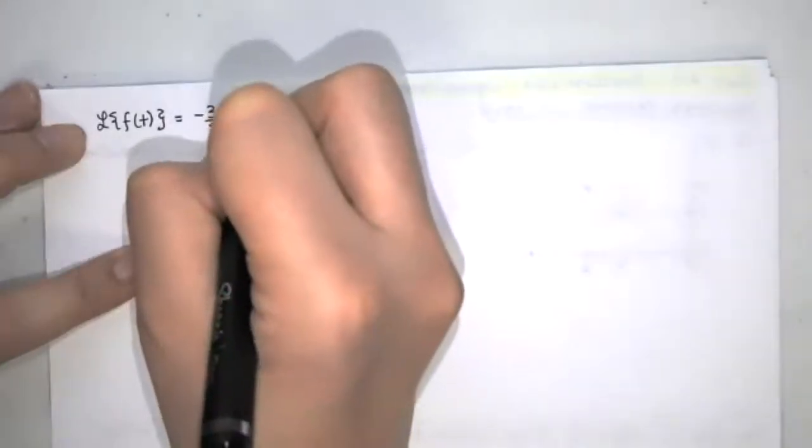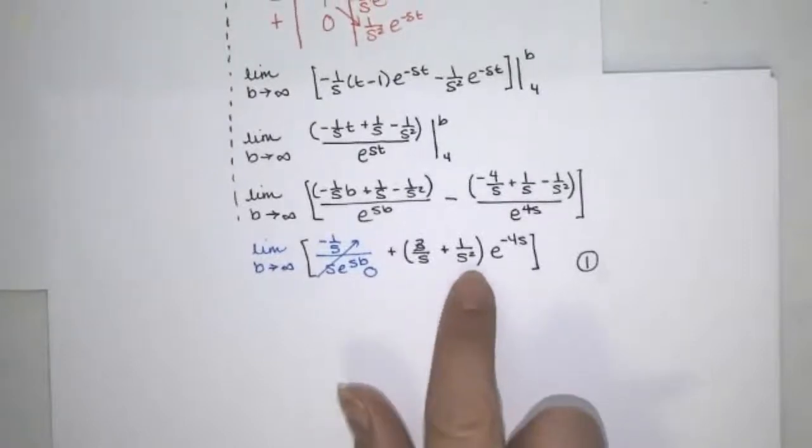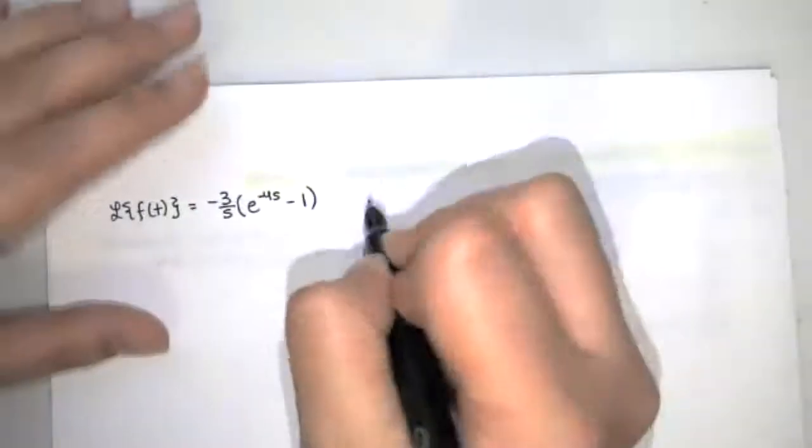So that was negative 3 over s times e to the negative 4s minus 1. And that was from this expression. And then we have this expression here, 3 over s plus 1 over s squared, that quantity times e to the negative 4s.